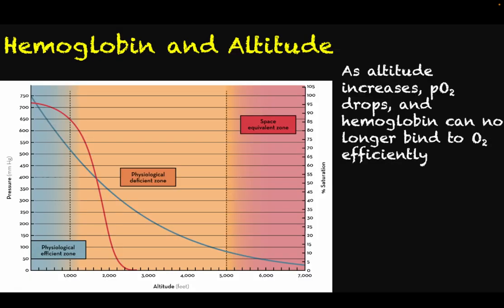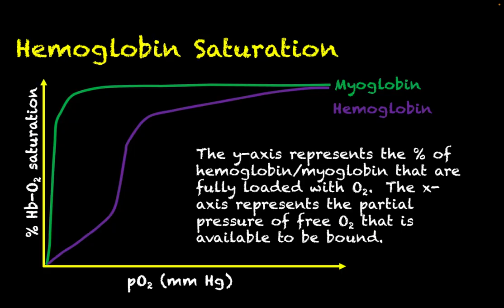So the idea here is that as altitude increases, as we saw with Dalton's law, the total air pressure decreases and the partial pressure of oxygen decreases as well. Well, what we just saw with hemoglobin is that as your partial pressure of oxygen drops as you move from right to left, the percent saturation of hemoglobin drops as well.